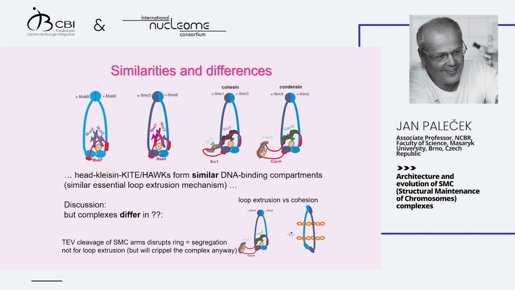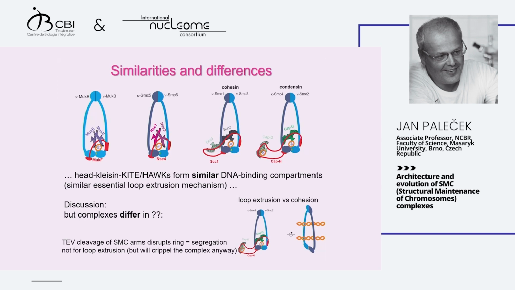It is still valid for cohesion, for holding two sister chromatids, but the mechanism of loop extrusion might simply be different. This is something to take into account when you, for example, do your TEV cleavage experiments, because they were originally designed for topologically embraced DNA, not for loop extrusion mechanisms. This is something we can discuss later.